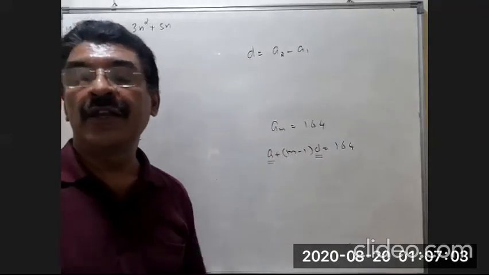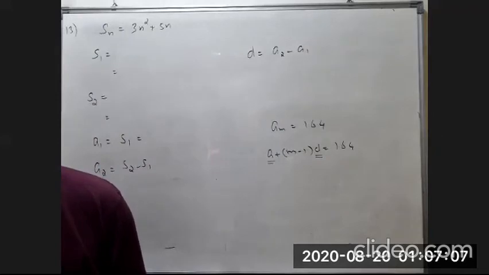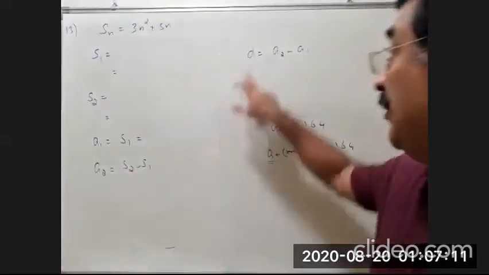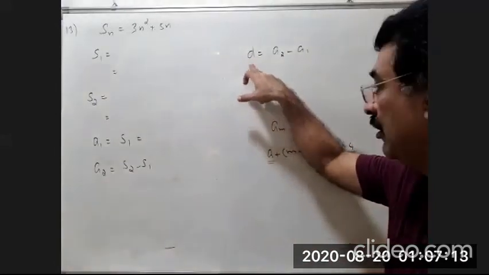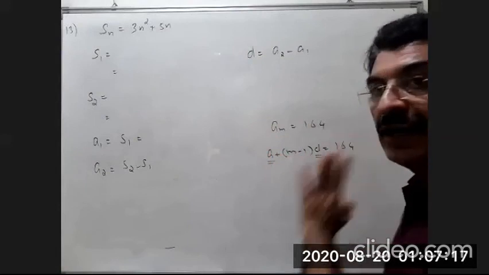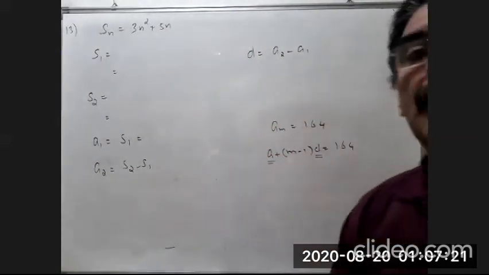It is exactly the same as question number 8, which we did just now. Question number 8 was to find the common difference, so we could stop there. In this question, after finding A and D, we substitute their values and get M.